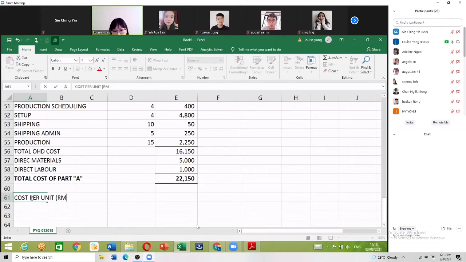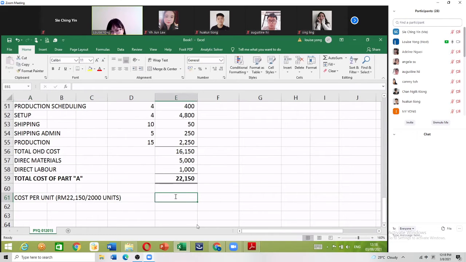Okay, so you can use 22,150 divided by 2,000 units, right? Okay, so what is the answer here? 22,150 divided by 2,000, so it will be $11.08.